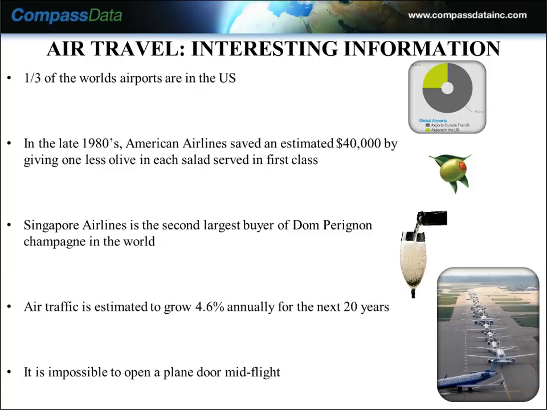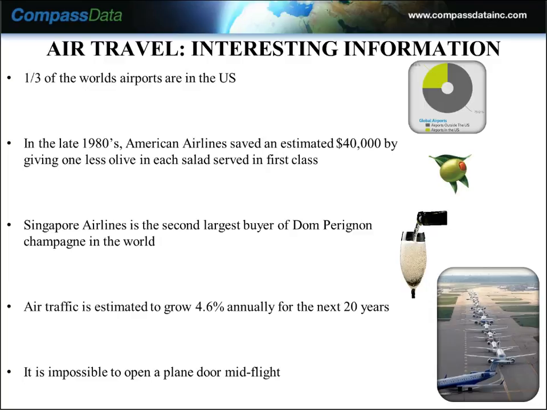Air traffic is estimated to grow 4.6% annually for the next 20 years, and it is impossible to open a plane door in mid-flight. The last note there really has no relevance to geospatial products or data, but it brought me great comfort to learn that, so I thought I would share it with everyone just in case anyone was wondering that same thing.